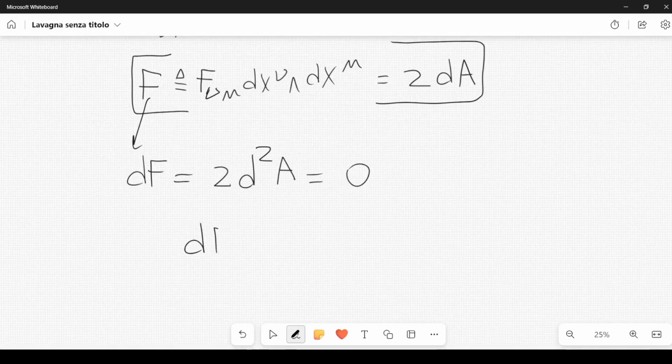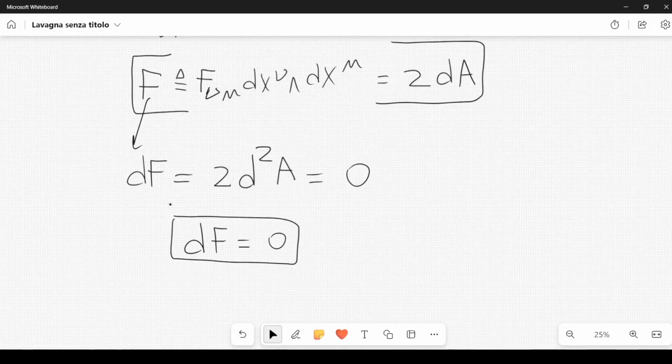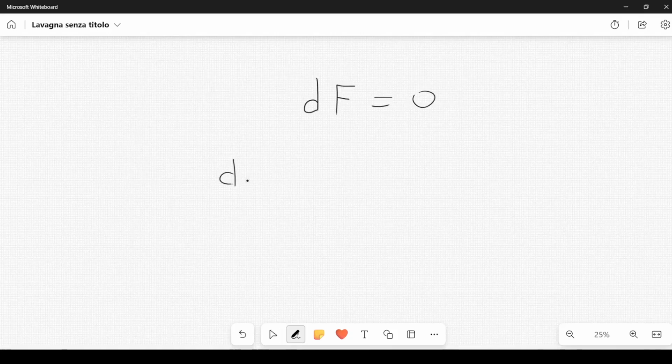So the result that we get is that the exterior derivative of the electromagnetic form, or if you want the two form associated to the electromagnetic field, is 0. So this is the result that we get, and we can show that this equation contains one of the Maxwell's equations. Now, let's calculate dF explicitly.